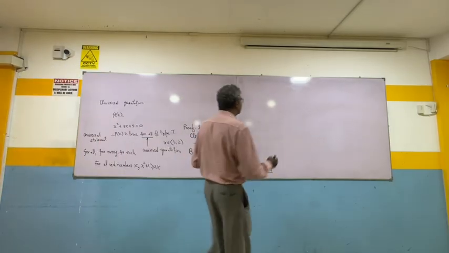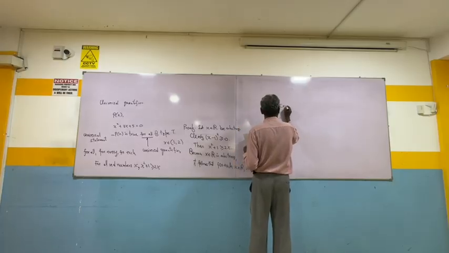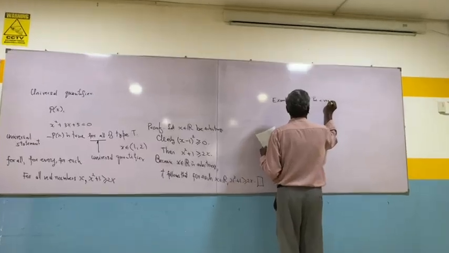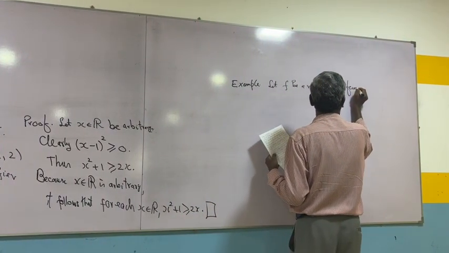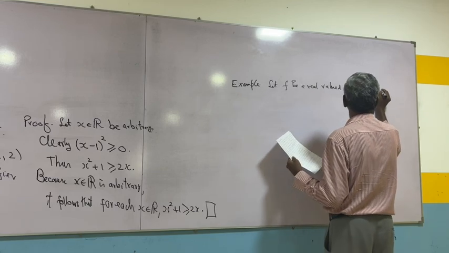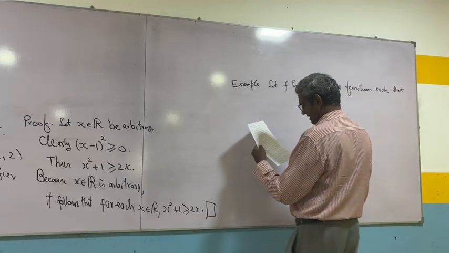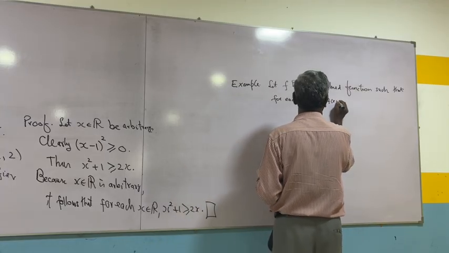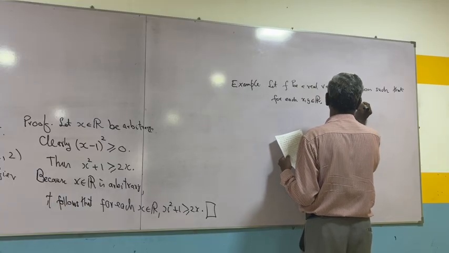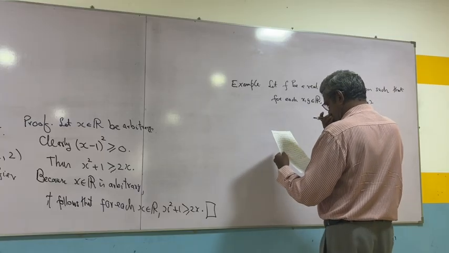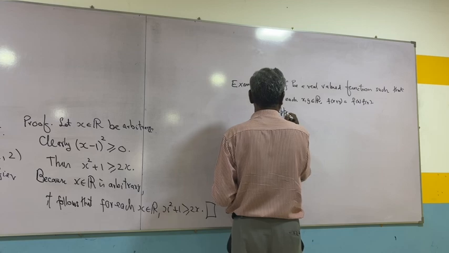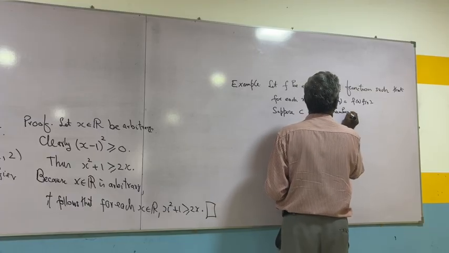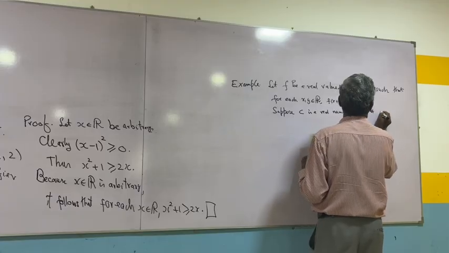Let's do another simple one. One more example. Let f be a real valued function such that for each x, y belonging to R, f of x plus y is equal to f of x times f of y. Suppose C is a real number such that f of C is equal to 0.